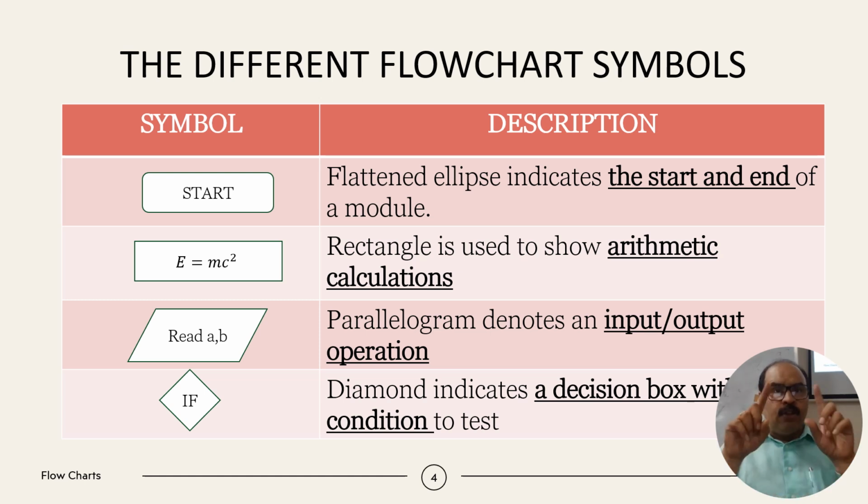A rhombus or a diamond shape is for any conditions like an if statement and so on. These are the basic shapes that determine how an action has to be taken in a flowchart. I told you a flowchart is a diagrammatic representation of an algorithm.